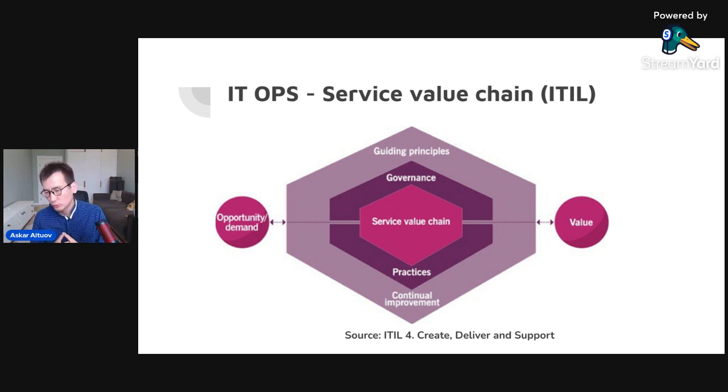Then we need to validate it and move to the coding phase. The coding should include checks for quality of software, availability, stability, and others. This is one example of practices.